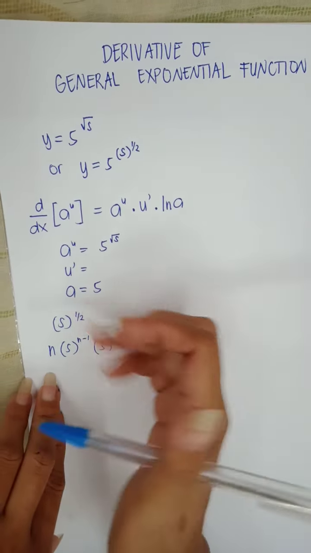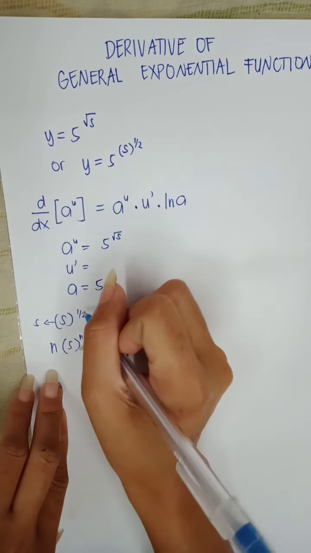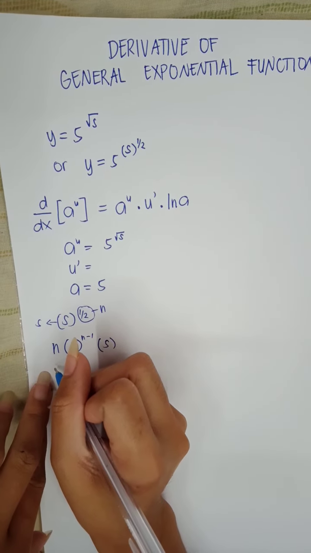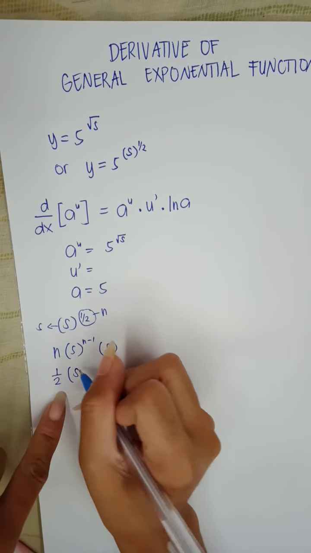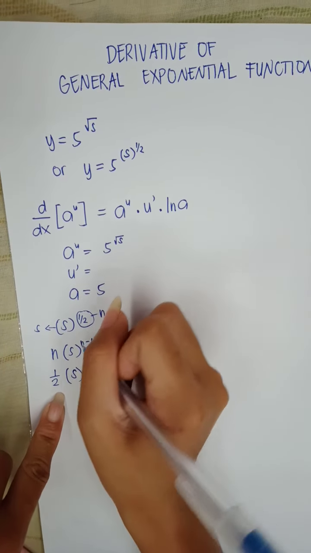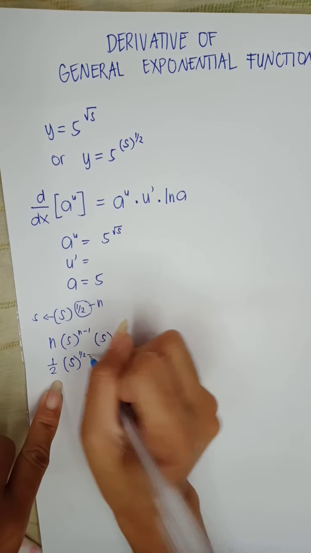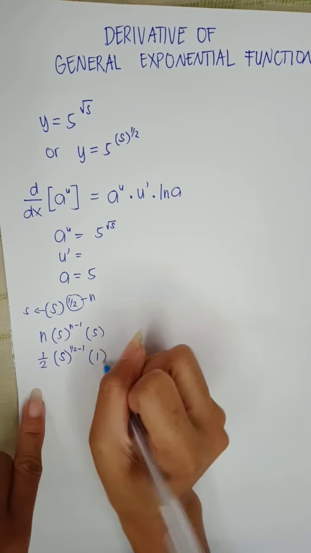So substitute, this is our s and this is our n. So our n is 1/2 times s to the power of 1/2 minus 1 times the derivative of s, which is 1.